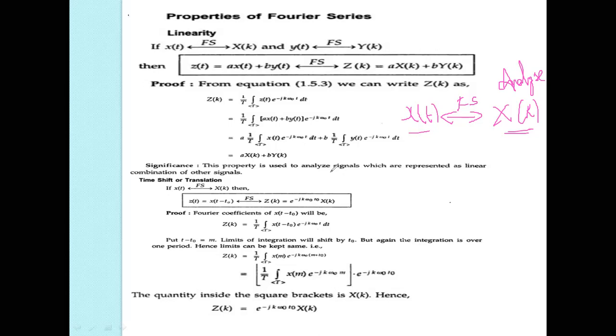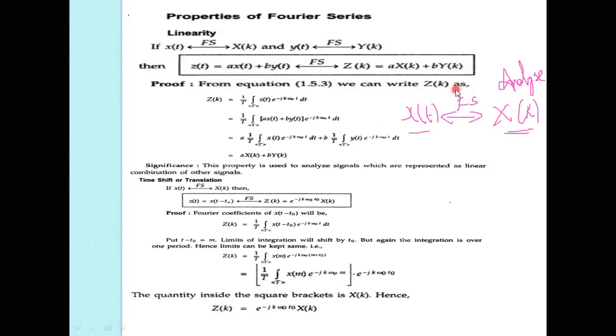And the second one, you can take y of t, having the Fourier series relation with y of k. Then z of t is equal to a times x of t plus b times y of t, and the Fourier series is z of k equal to a times x of k plus b times y of k.